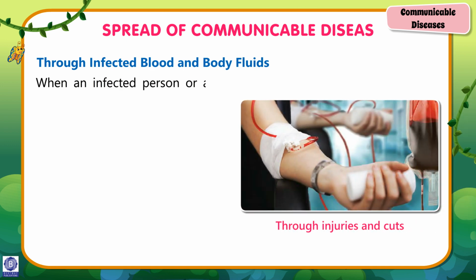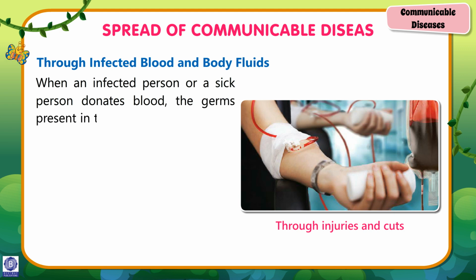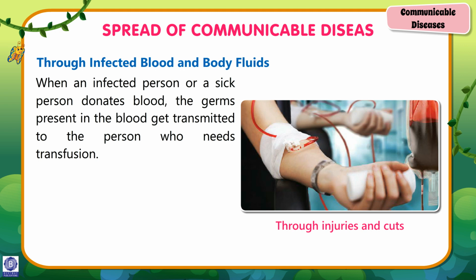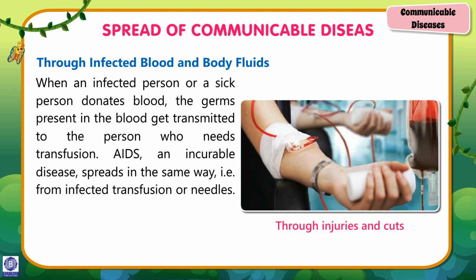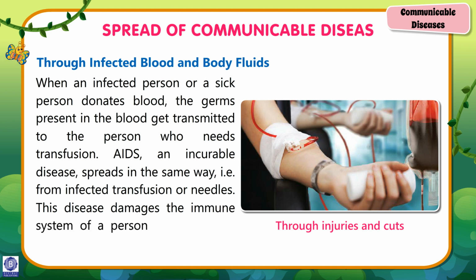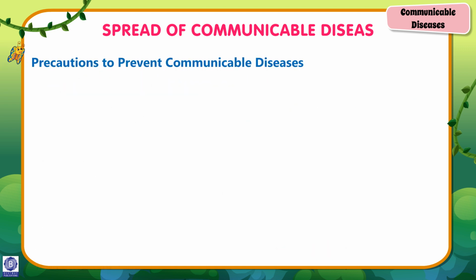When an infected person donates blood, the germs present in the blood get transmitted to the person who needs transfusion. AIDS, an incurable disease, spreads in the same way, that is, from infected transfusion or needles. This disease damages the immune system of a person and ultimately leads to his or her death.